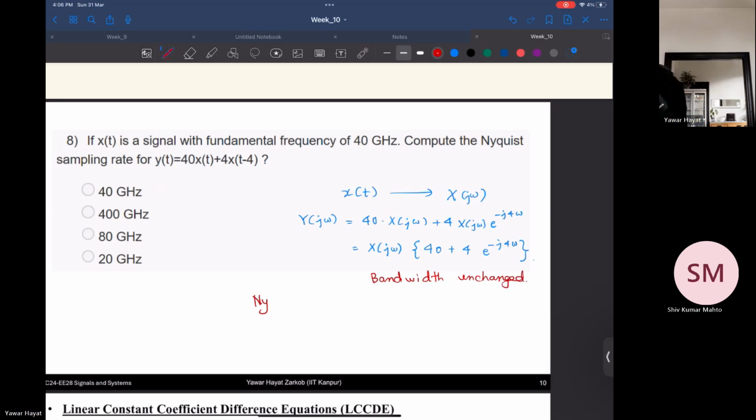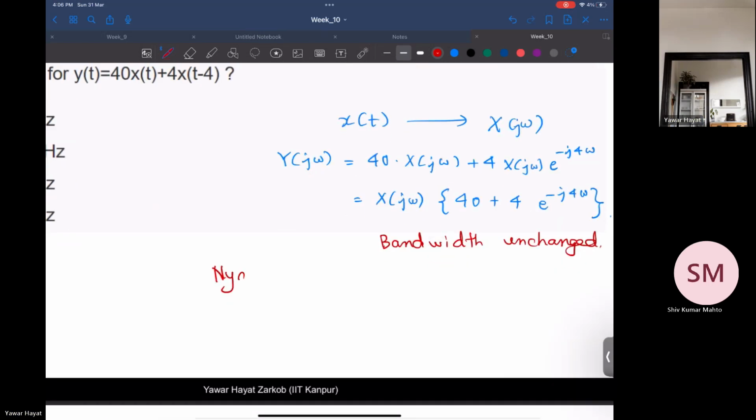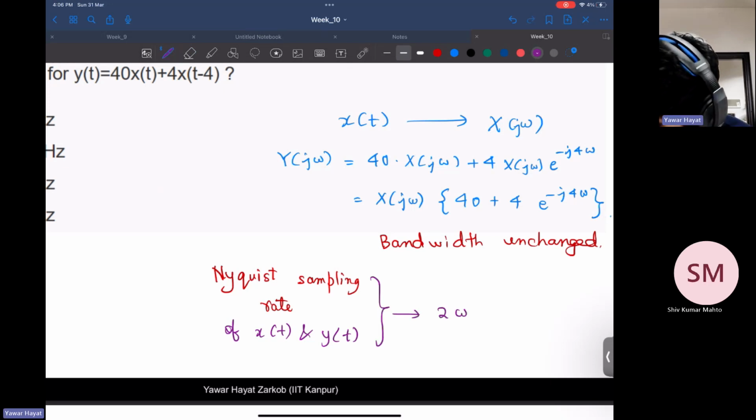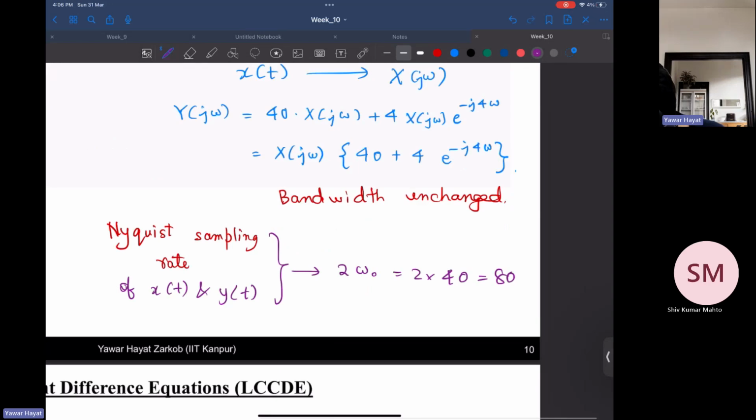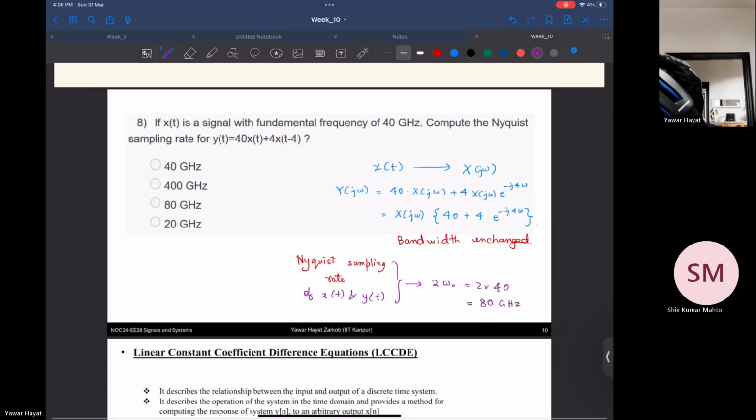By similar arguments, the Nyquist sampling rate of x of t and y of t, both, although in the question they only asked about y of t, would be 2 times omega naught, that is 2 times 40, which is 80 gigahertz. So the correct answer is this one.